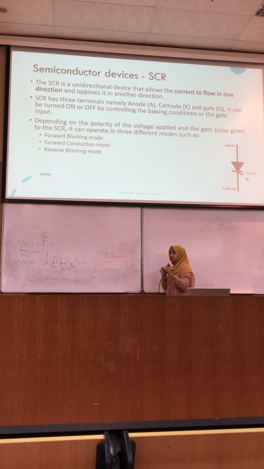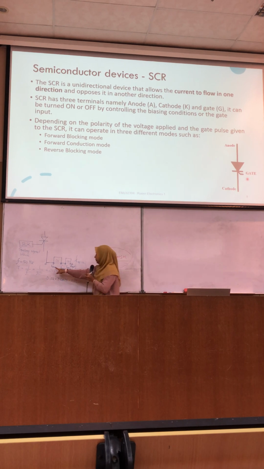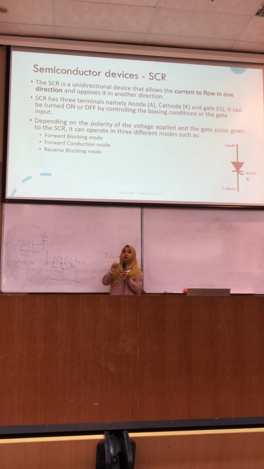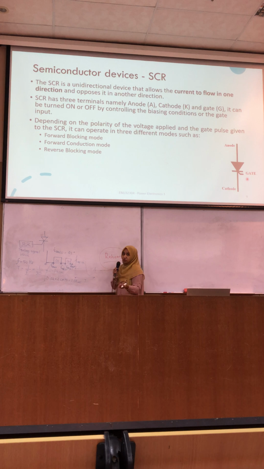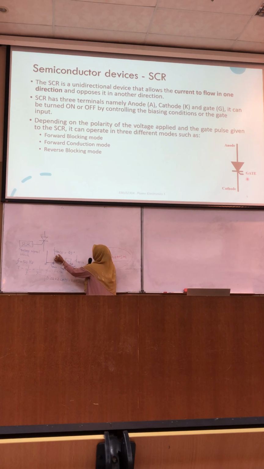Now, in PSIM, the time, this T on and T off, need to be translated in terms of degree. So let's say, for example, for T on 1, I put it as 45 degree, and then it becomes off maybe around 90 degree.